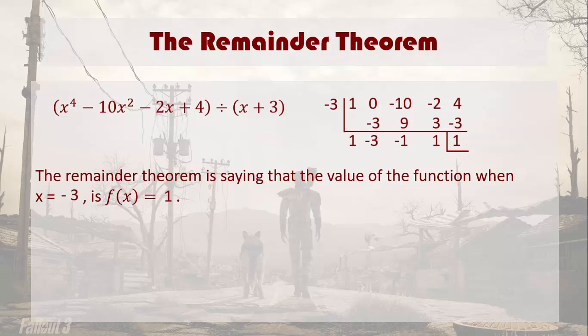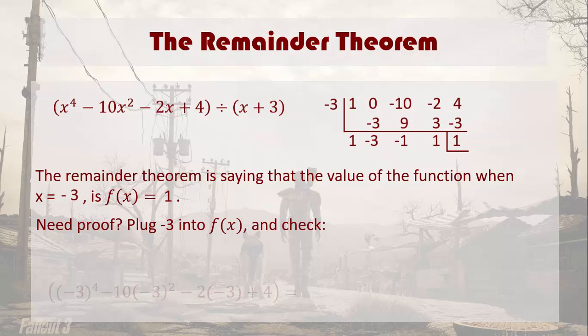Because here's what it looks like if you were to actually substitute -3 into x to the 4th minus 10x squared minus 2x plus 4. You got -3 to the 4th power, you got -3 squared. I mean, can you do that? Yeah. Is it easy? Somewhat easy, but it's tedious. It's work.